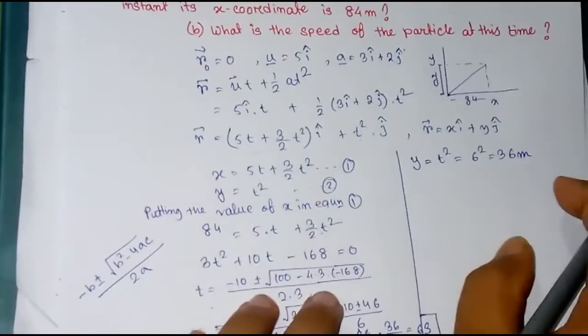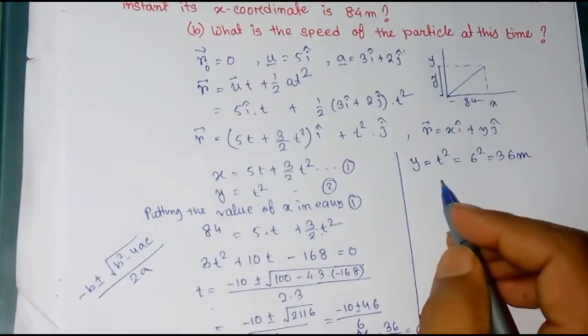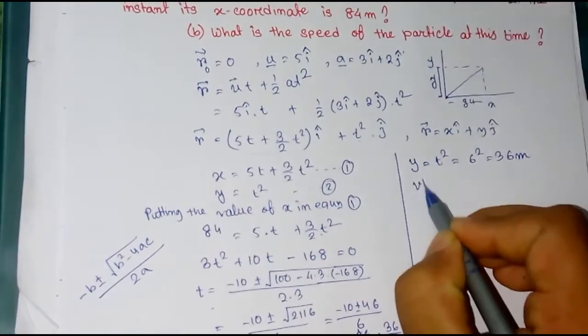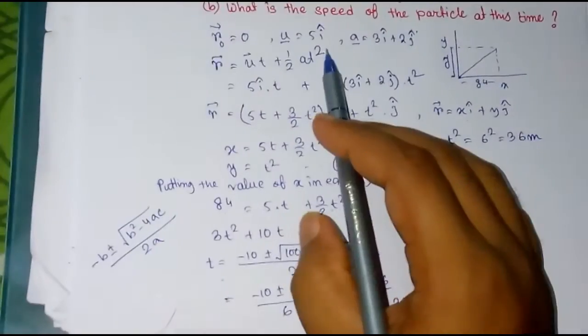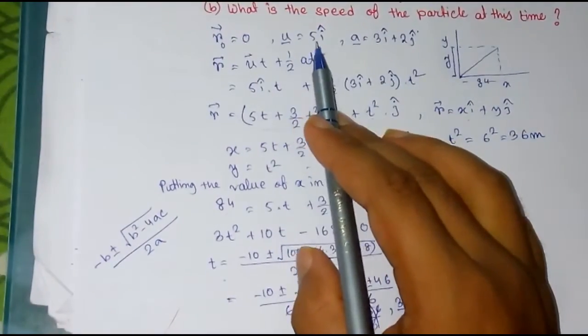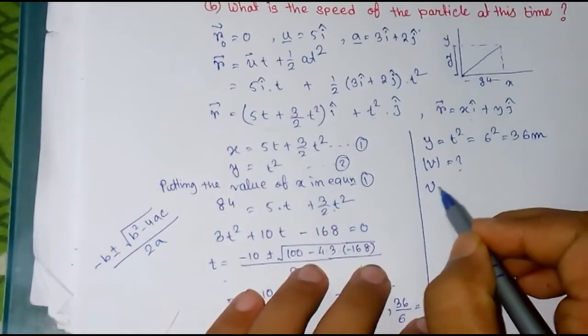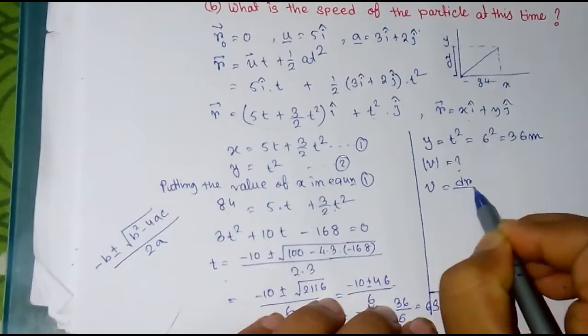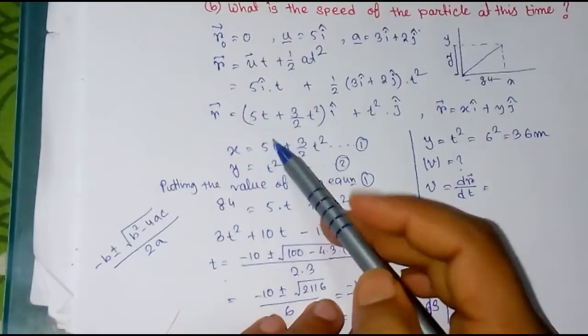And the second question is, what is the speed of the particle at this time? Means we have to calculate the velocity. Now this one is the initial velocity, not the velocity at time 6 seconds. So to find the velocity at t, we have to calculate dr by dt, isn't it? So what is r?